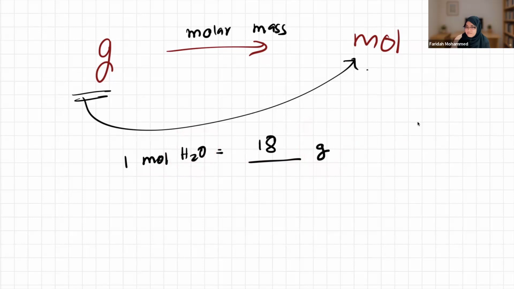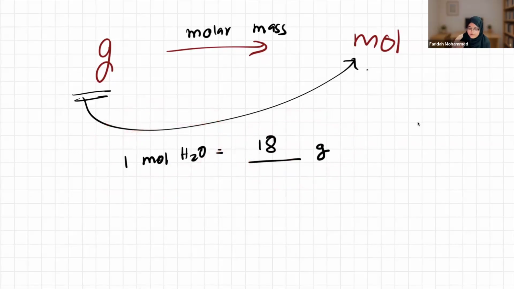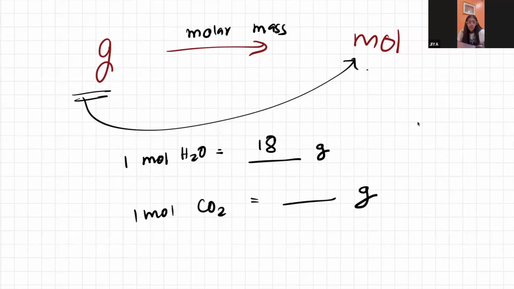So 1 mole of water has 18 gram in mass. This is very important, so make sure to know the identity of the compound. If I say 1 mole of carbon dioxide, how many grams? Gia? 44. Very good, 44 grams.